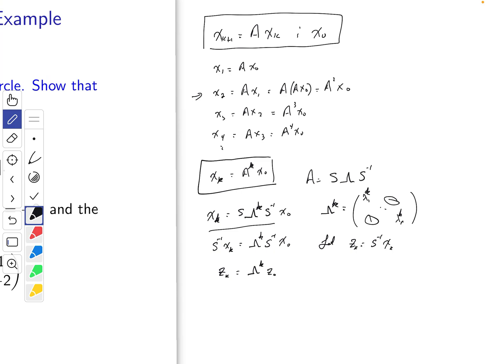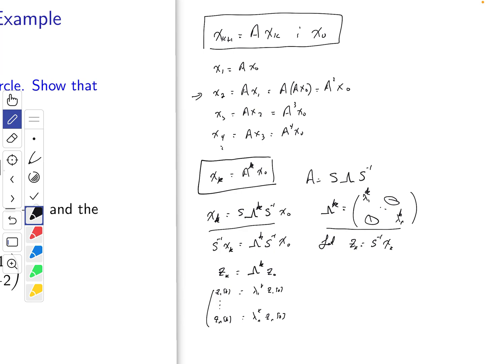And again, Lambda to the k is diagonal here, so this means z1 at time k is lambda 1 to the k z1 at time 0, all the way down to zn at time k is lambda n to the k zn at time 0.